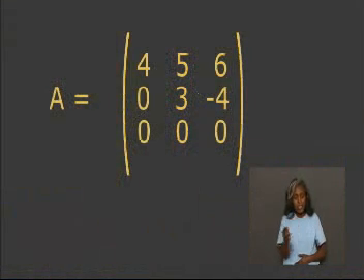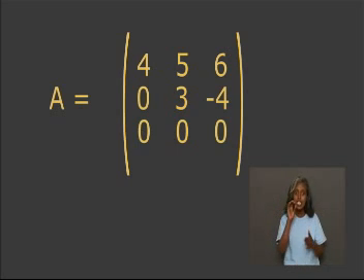Time's up! Let's get back to our lesson. Welcome back, students. Let us look at each matrix together. Matrix A is in echelon form because its 0 row is on the bottom.